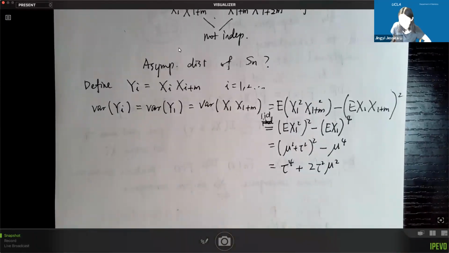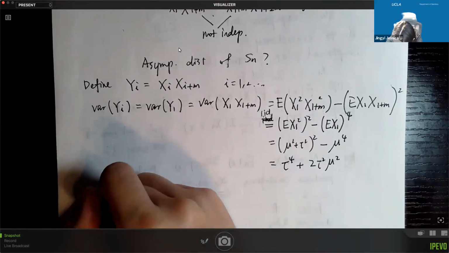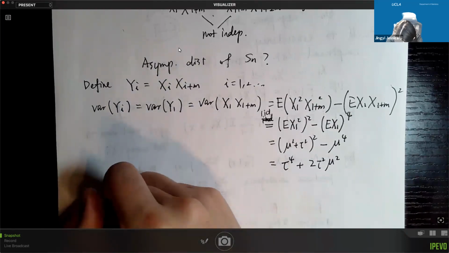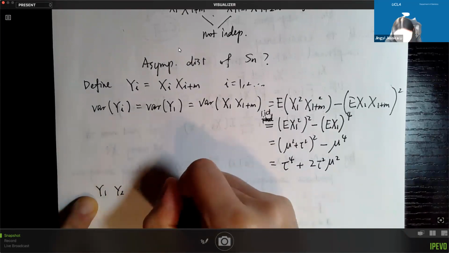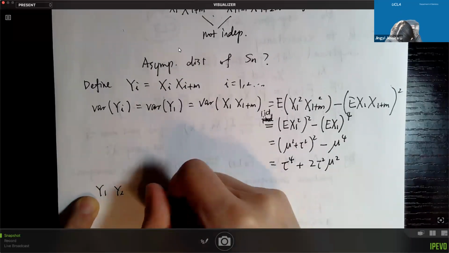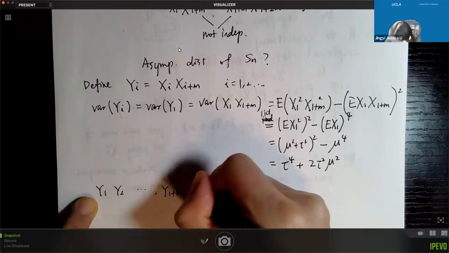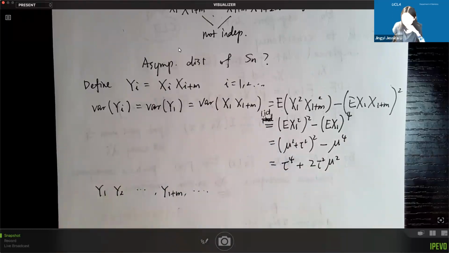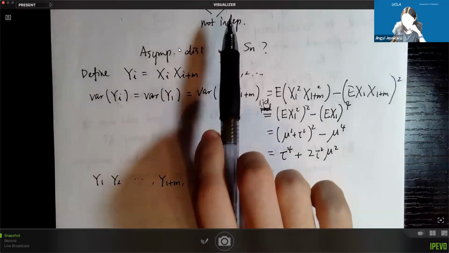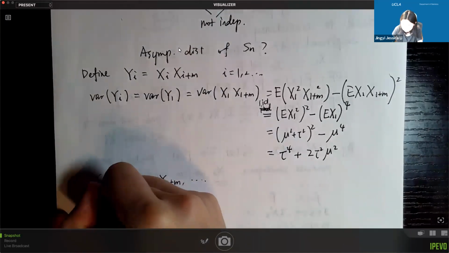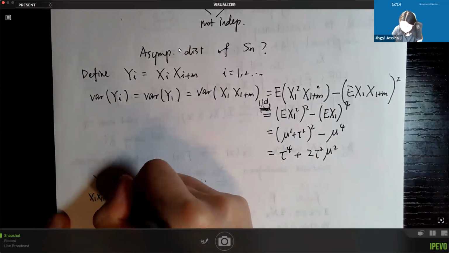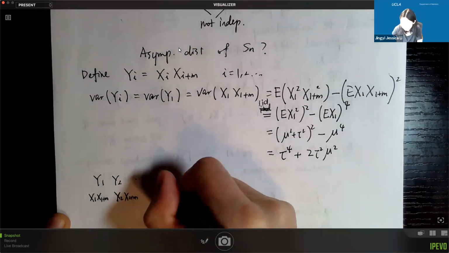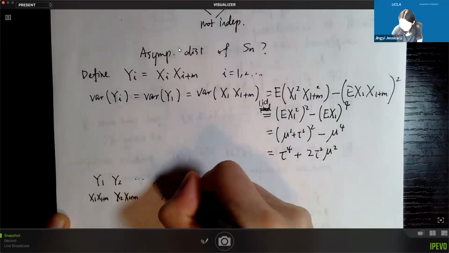How about the covariance? If you think about it, my y1, y2, up to yn, y1 plus n, and so on. So if you think about this sequence, by the definition, y1 is x1 times x1 plus m, this is x2 times x2 plus m, and here it's x1 plus m times x1 plus 2m.